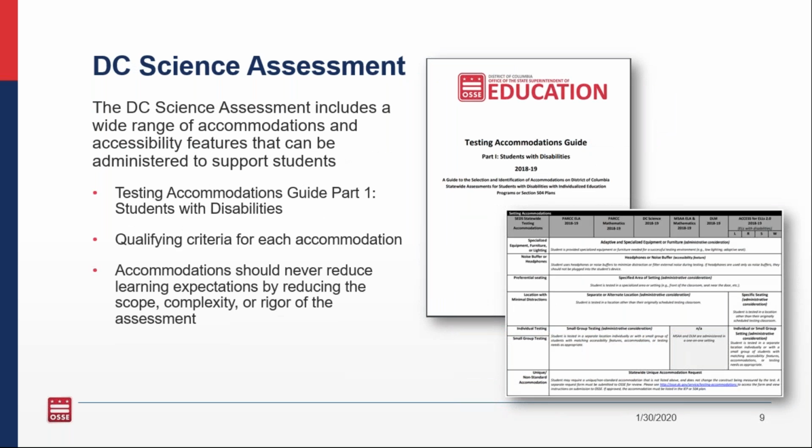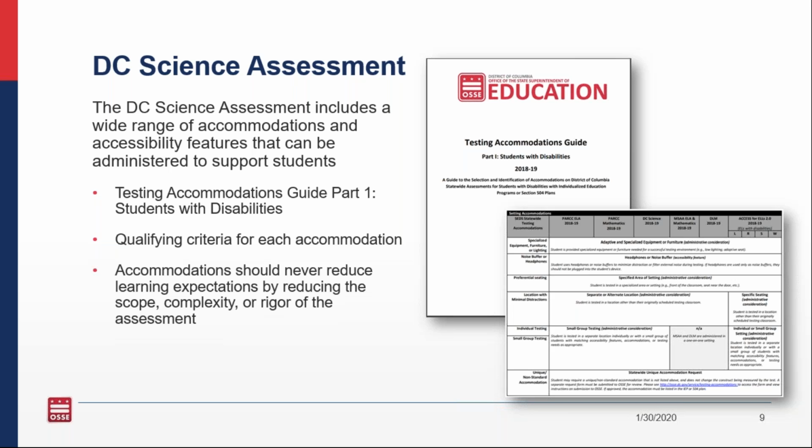Additionally, for our DC Science assessment, there are accommodations and accessibility features that are available. To identify those, we recommend using the Testing Accommodations Guide for students with disabilities. This Testing Accommodation Guide is a crosswalk for LEAs and schools to utilize.